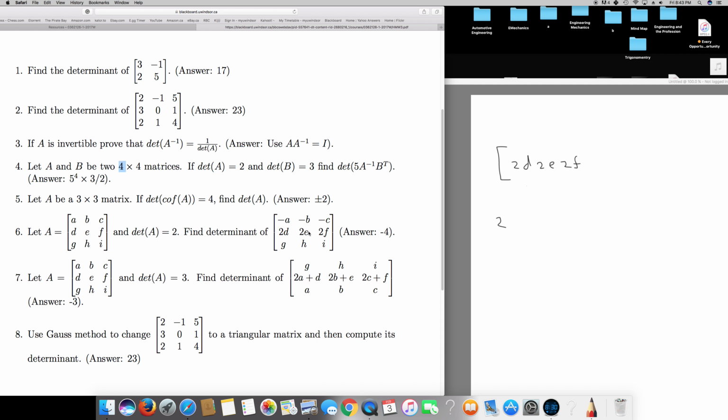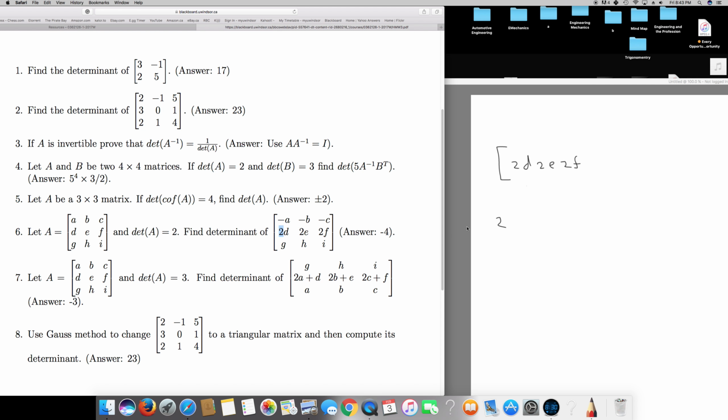It doesn't have to be 2 in every row. If one row has a common factor, we can take it out. If all 3 rows have 2, we have to take all the 2s out, like 2 times 2 times 2.